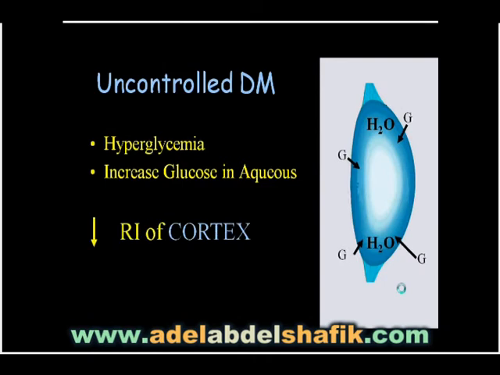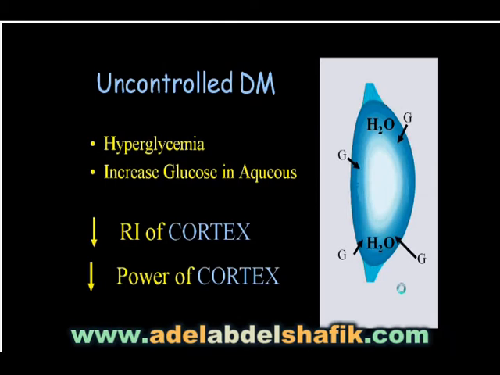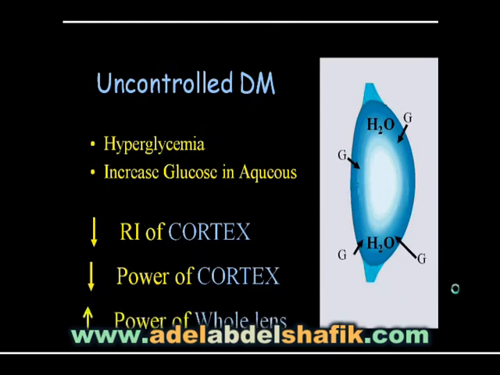This results in decrease in the refractive index of the cortex, and actually this will end in decrease in the power of the cortex. Since the cortex is the minus part of the lens, so the total power of the lens will be more.